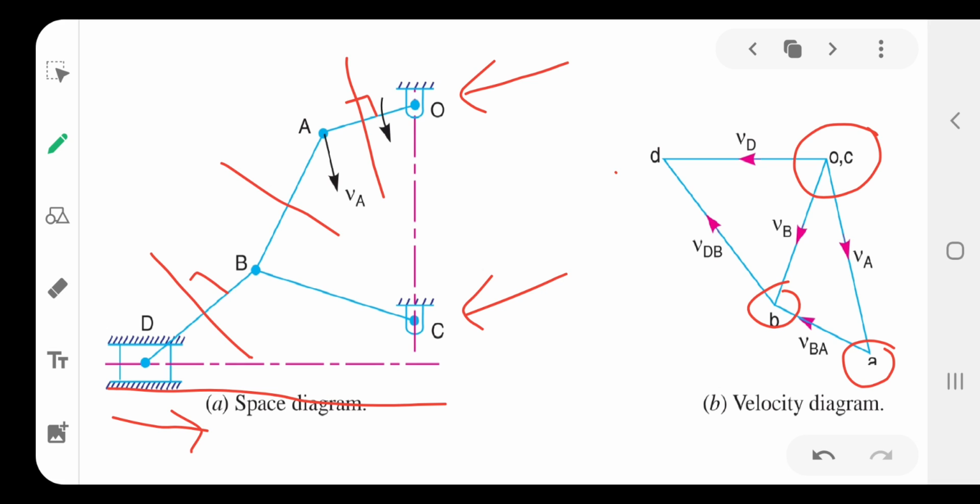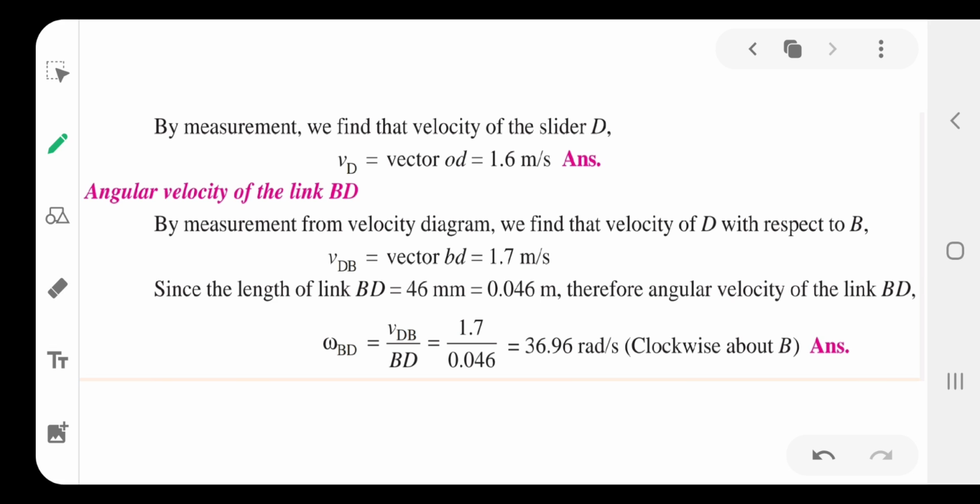So take a measurement of the vector OD, and it is our VD, and this measurement gives the velocity of the slider, 1.6 meter per second. Then we move forward to calculate the angular velocity of link BD.